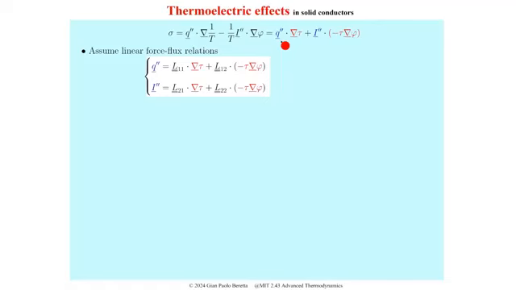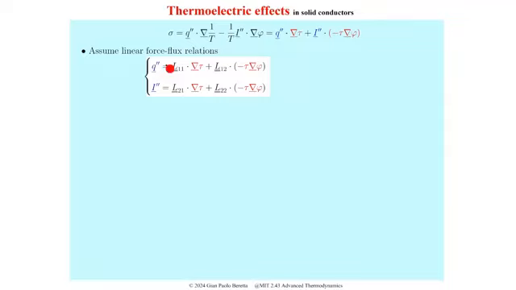All right. So the next step, remember, this is the extrinsic relation. It doesn't contain any feature yet of your material. Now, in order to bring in the features of the material, you have to model the relation between the fluxes and the forces.